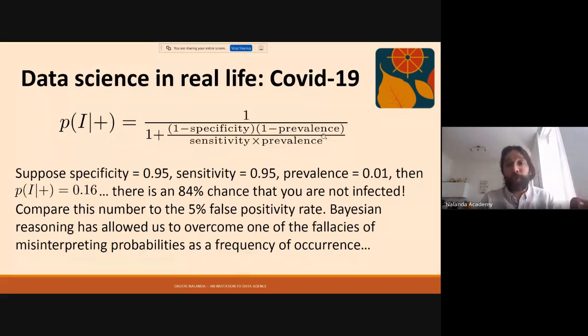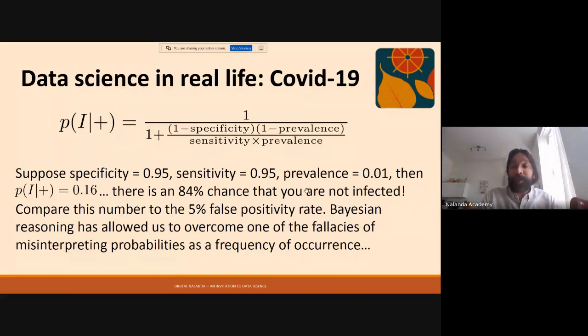So if the prevalence is 0.01, you put in these numbers, you get 0.16. So for one test with an underlying prevalence of 1%, there's only a 16% chance you actually have COVID. There's an 84% chance that you're not infected. This is all formula, but let's think about why that is.